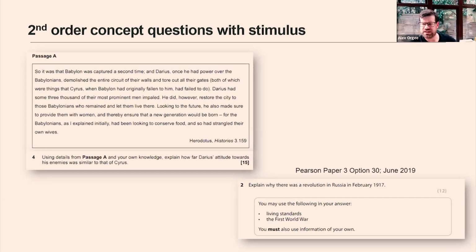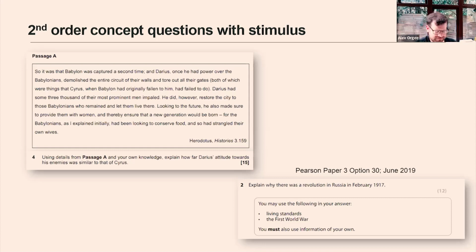The fourth question in the GCSE Ancient History papers focuses on a second order historical concept. It uses the same unseen passage that candidates would have been answering question 3 on, expecting them to make inferences from the passage, supplementing that with their own knowledge to address that second order concept.